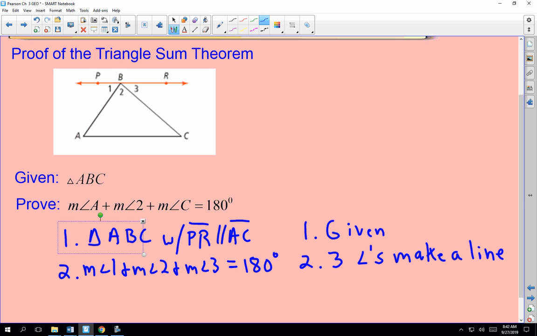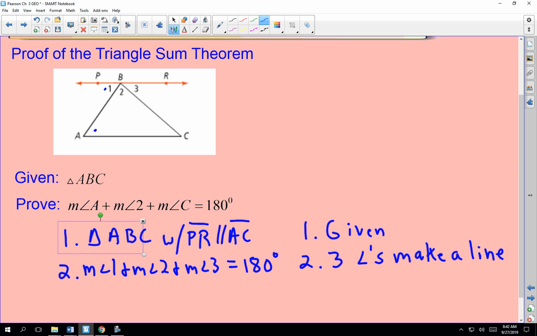And then here's what needs to happen. I need to swap out A for angle 1, and I need to swap out C for angle 3. Well, if PR is parallel to AC, this goes back to what we've been learning. What types of angles do we have here and here? They are alternate interior angles.